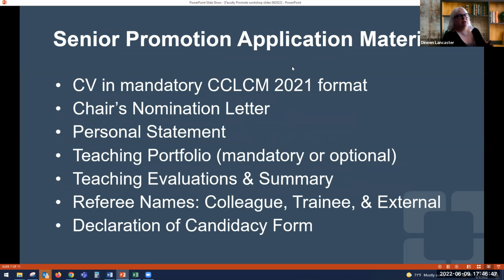These are the materials I was talking about that are for senior promotion. So your CV, chair's nomination letter. You ask for the nomination letter inside the application. There's a link that you click on that will email your chair and ask them for a nomination letter. Personal statement, teaching portfolio could be mandatory or optional. We'll go over that later.